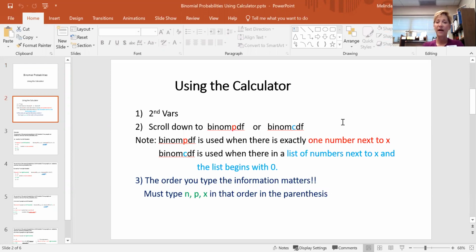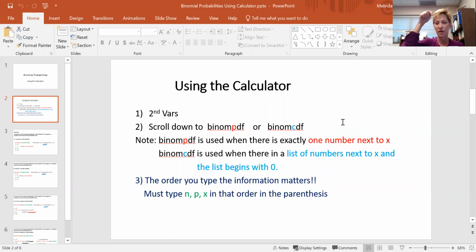If you want to use the calculator, you've got to get to the binomial distribution on your calculator. So in order to do that, you hit your second key and then your VARS key. So second and VARS gets you to a whole bunch of things on a menu. My first thing says normal PDF and then normal CDF and lots of things below that.